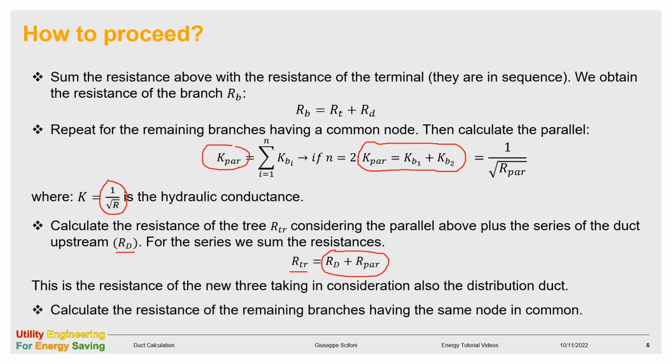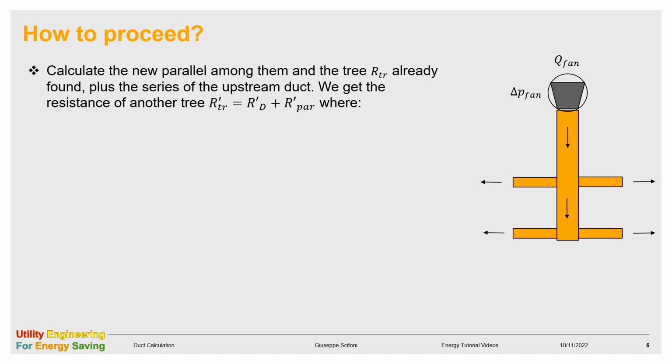We calculate the resistance of the remaining branches having the same node in common. Then we calculate the new parallel among them and the tree already found, plus the series of the upstream duct.